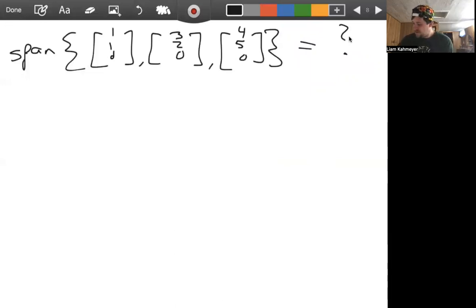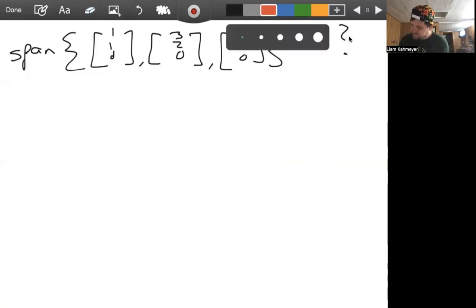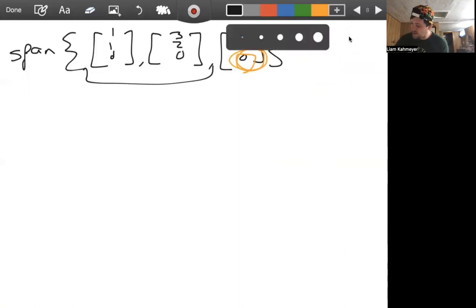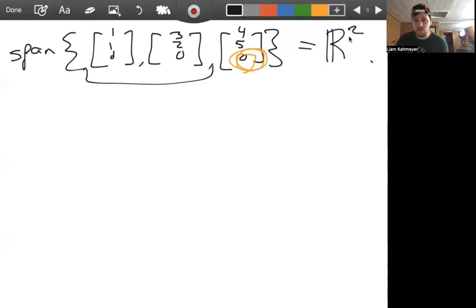But you may notice that we still have a 0 in this third component. Since we still have a 0 in this third component for the new vector, and we know the span of the first two is at least R2, and we're not gaining anything from this third vector, we know the span of this set is still going to be R2.